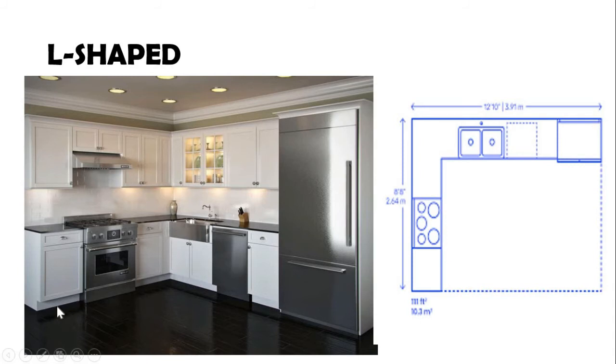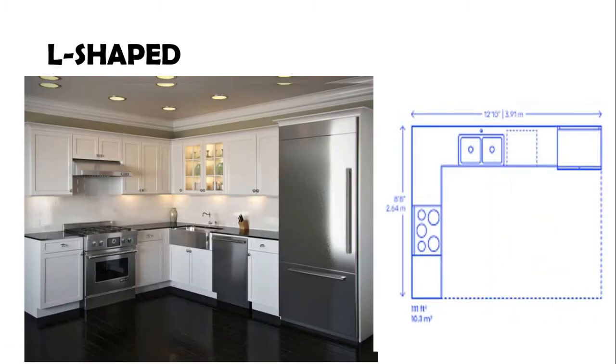Pag nagdagdag ka dito ng table or working table or another appliance, makukonvert agad natin siya into U-shape. Mas maganda daw magtrabaho kasi hindi kayo magkakabungguan kasi spacious. L-shape, naka-triangle tayo: ito yung ating gas stove, sink, and refrigerator. Papunta sa sink, papunta sa refrigerator, and then pabalik sa gas stove, that is a triangle.